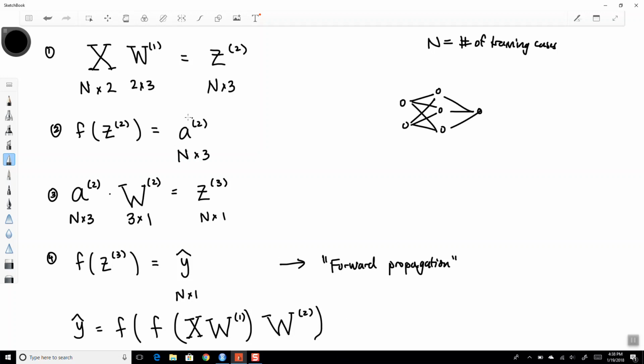Here we do one step at a time, but this could also be written this way. Is that okay?